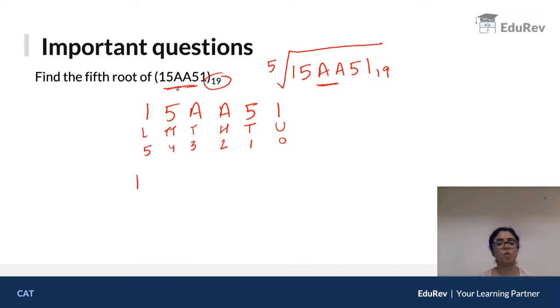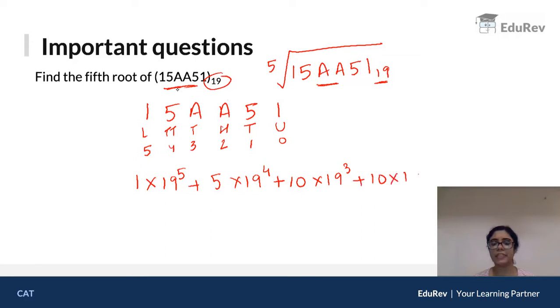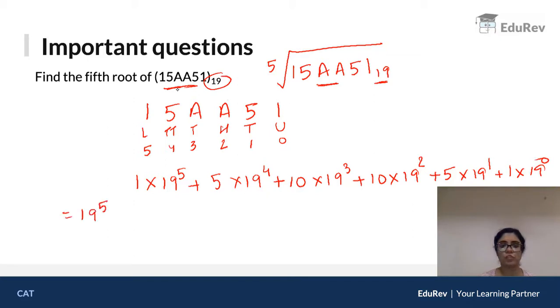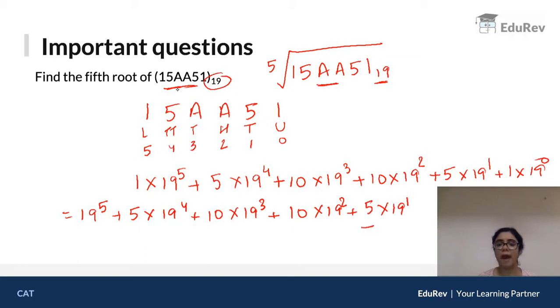So your number can be written as 1 into 19 raised to 5, because your base is 19, plus 5 into 19 raised to 4, plus, now A is not defined in the decimal system, but we know A represents 10, so 10 into 19 cube plus 10 into 19 square plus 5 into 19 raised to 1 plus 1 into 19 to the power 0.